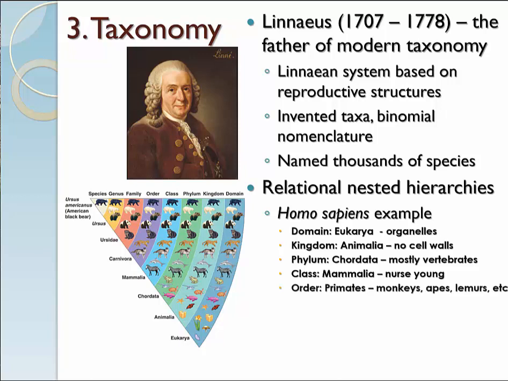then the order we're in is primates, and primates include monkeys, apes, lemurs, etc. Biologically, we are most closely related to the apes. And notice there's a difference between apes and monkeys, and that's sort of a pet peeve of mine. Please don't ever call chimpanzees or gorillas or orangutans or humans monkeys.